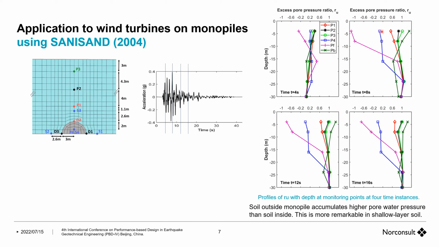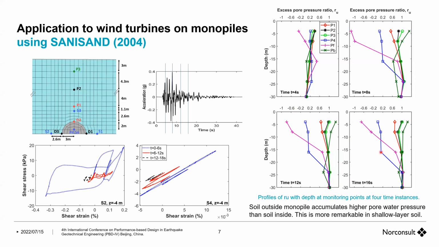This is because of the confinement effect of the monopile. And this is the importance of doing a complete study, because the soil inside and outside have different features. While the points outside mostly liquefy quickly, the point inside is hanging on and gradually comes up to liquefaction.